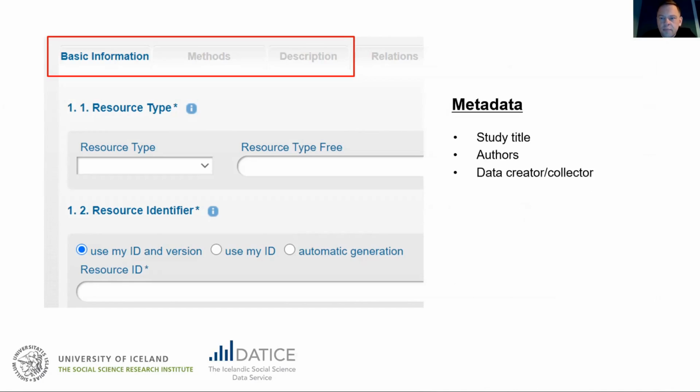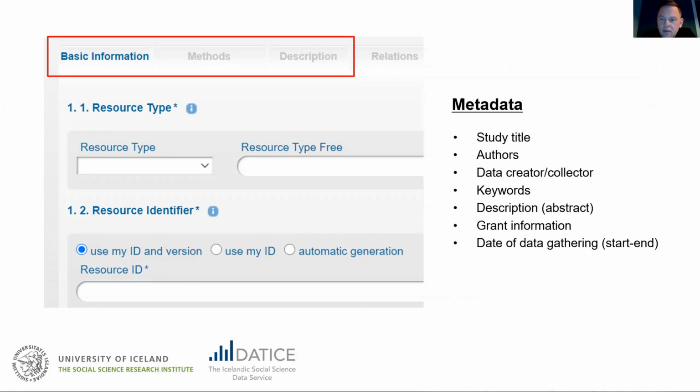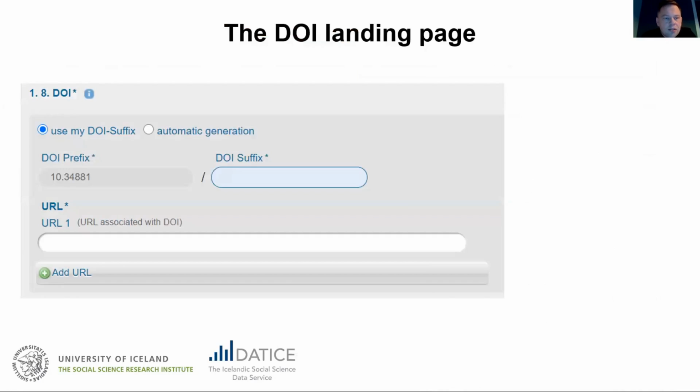But these are some of the metadata that we are recommending and filling into this form. And further down the same page, here you can input your DOI number that you want to have, the suffix that is, and also the landing page.